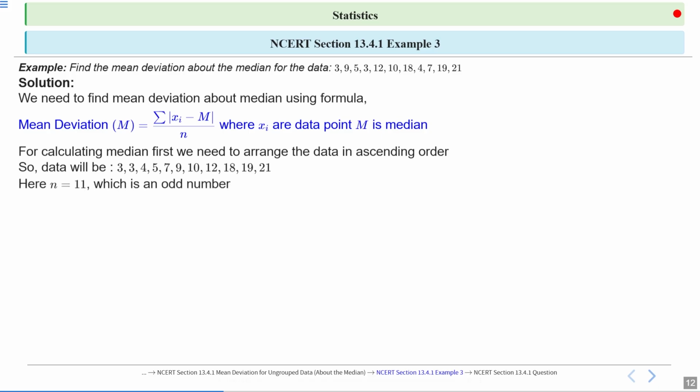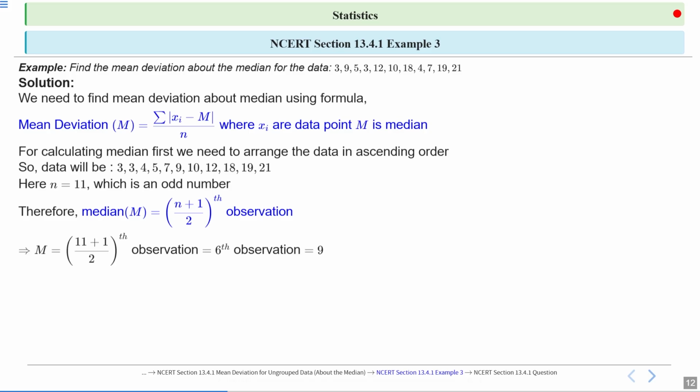Here n is 11, which is an odd number. Therefore, the median is the (n plus 1) by 2th observation. So it implies the median equals the (11 plus 1) by 2th observation, that is the 6th observation, and here the 6th observation is 9. So the median is 9.